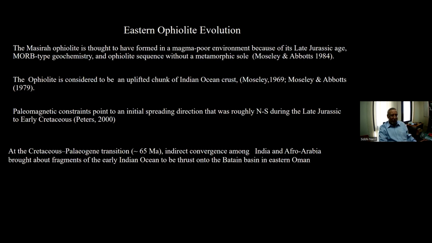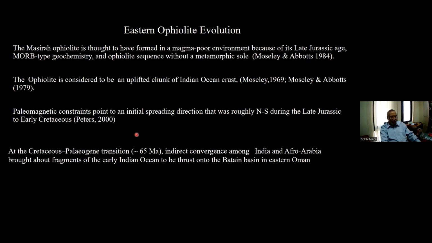So the evolution of this Masirah or Eastern Ophiolite: the Masirah Ophiolite is thought to have formed in a magma-poor environment because of its late Jurassic age, MORB-type geochemistry, and the Ophiolite sequence does not have any metamorphic sole. We could not find any metamorphic sole in comparison to the Samail Ophiolite. The Ophiolite is considered to be an uplifted chunk of Indian oceanic crust.